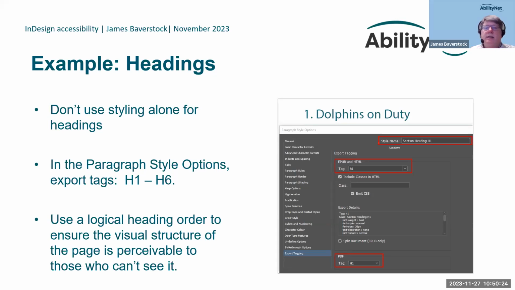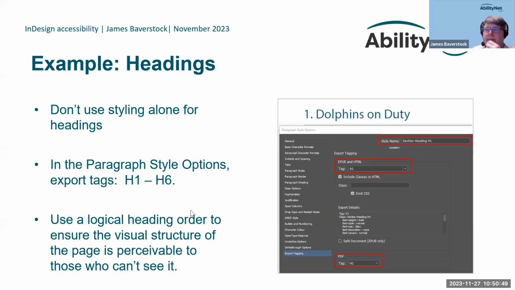If you structure your document with an H1 for the main heading, H2 for the next level down, H3 for the next level down, and so on, then somebody listening with a screen reader can have the headings announced for them, and they can form a mental map of how the document is structured. They also have the ability to skip to a particular heading to get to content that interests them.